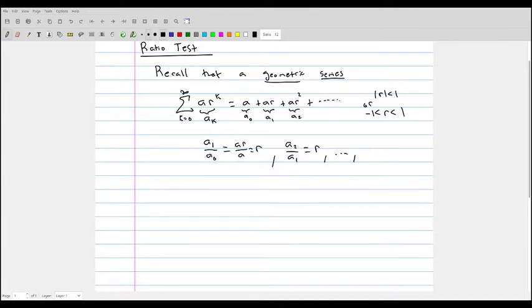And more generally, for any term in this series, a(k+1) over ak is going to be ar to the k+1 over ar to the k, which is equal to r.